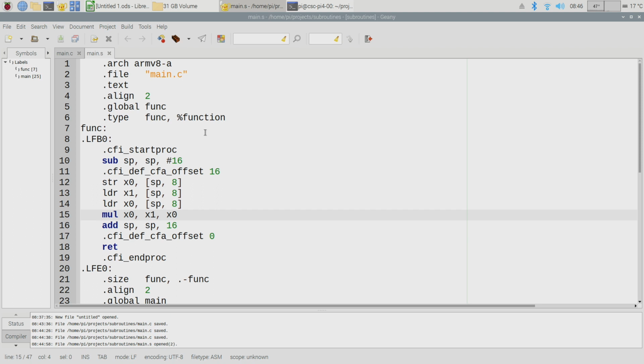Now in this case, what gets loaded into x1 and x0? Look at the two instructions up above it. The same number, right? That makes sense because we're multiplying a number by itself.